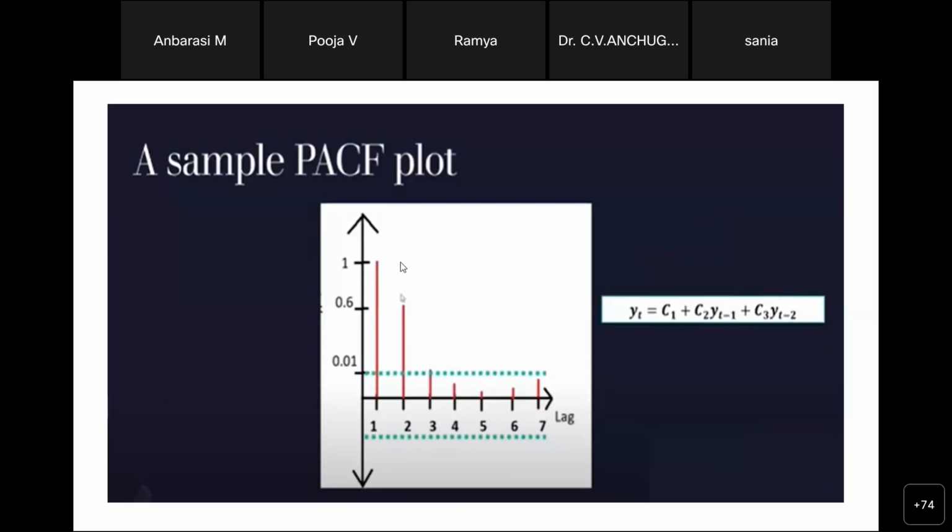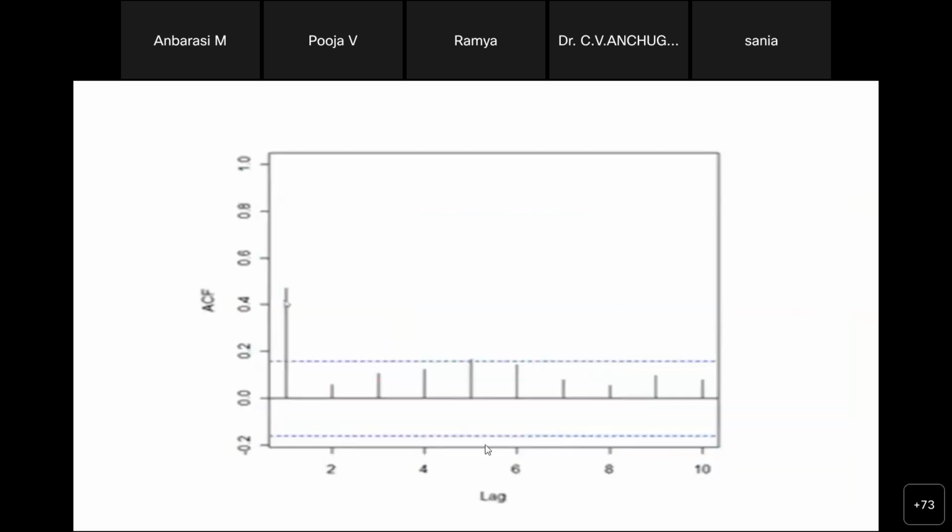So generally PACF is used to measure the direct effect of the previous time lags on the current value. Okay, so the current value is calculated based on the previous time lags only. So generally this PACF is used for the autoregression model, but in the case of ACF we use it for the moving average model.